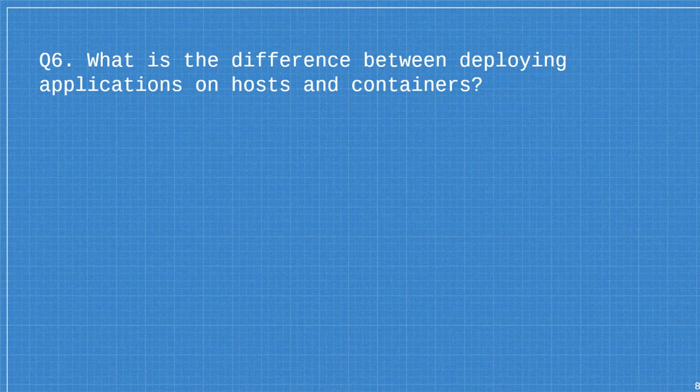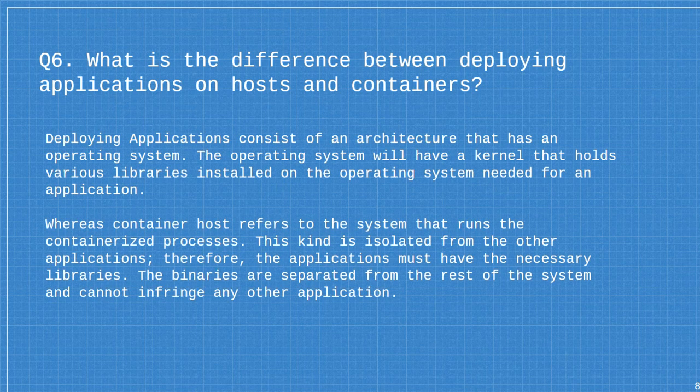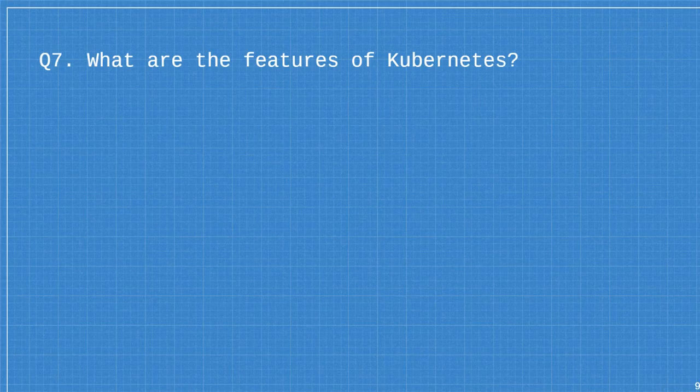All the libraries remain inside their own container and will not interfere with the other containers. They remain independent of the others. That's the main benefit I have experienced in the container environment. You will find the same in the answer. So let's move to the next question.